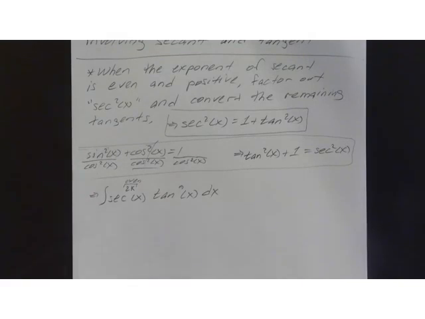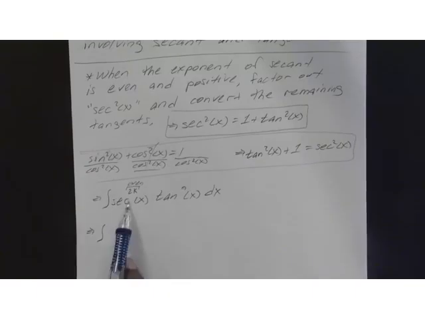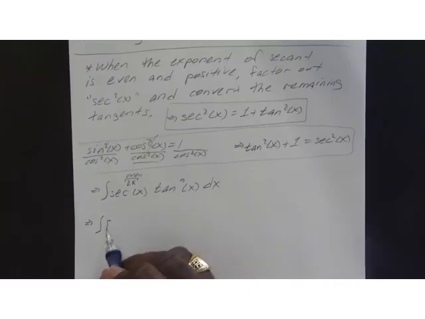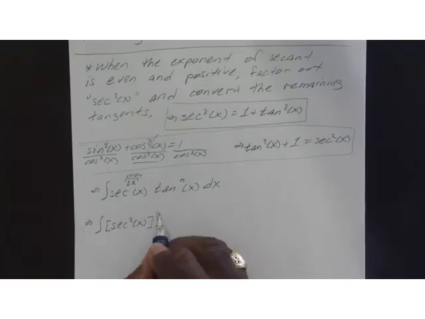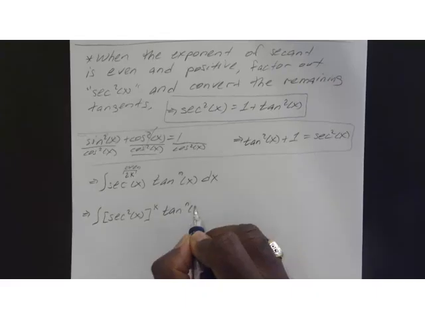Then whatever this is, first thing we're going to do is rewrite it as secant squared to the power of something, to the power of that exponent k. So if you had secant to the 6th power, you'd have secant squared, and that raised to the 3rd power. So inside of here will always just be a secant squared. And it's still times tangent of x to the nth power.